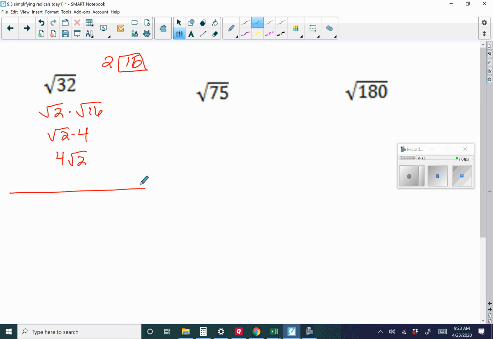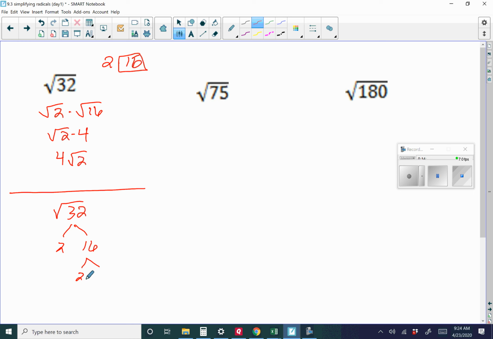The other way with the prime factorization tree would be if I have the square root of 32, I break it down into 2 and 16, and then I break this down into, well, you can do it a few different ways.